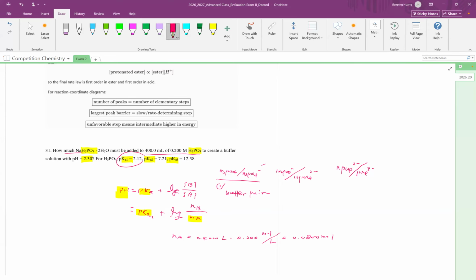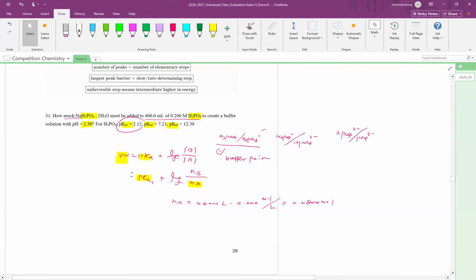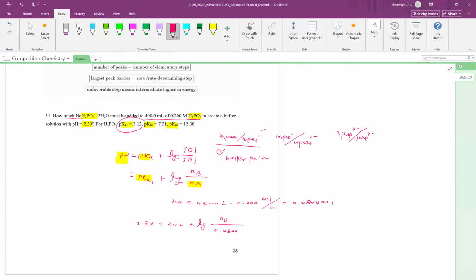Now, let me write one more time. You get the pH 2.30 equals 2.12 plus log of the base, which means the sodium hydrogen sulfate, divided by 0.0800. Now you calculate.